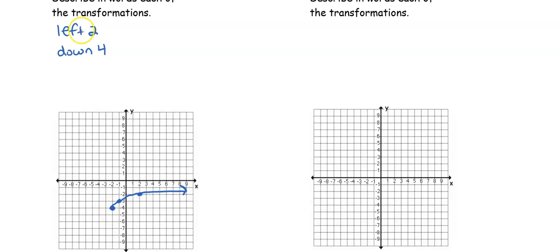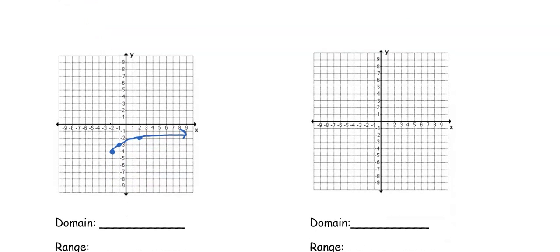Remember, we were taking the original, which was here. That's the square root of x, the parent function. And we moved it left 2 and down 4. So every point here is going left 2 and down 4, showing those transformations. That is our square root graph.